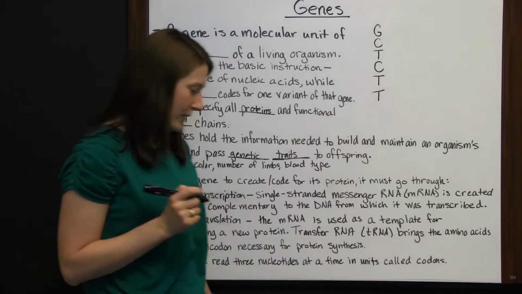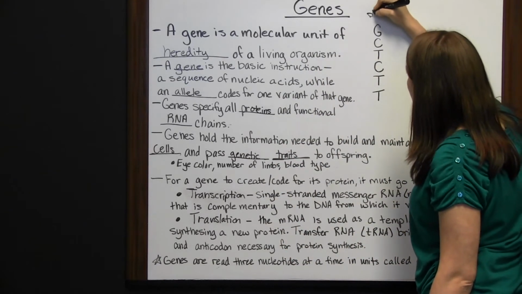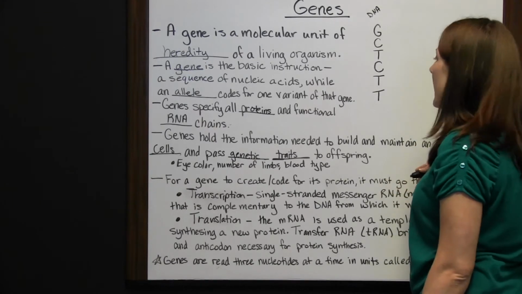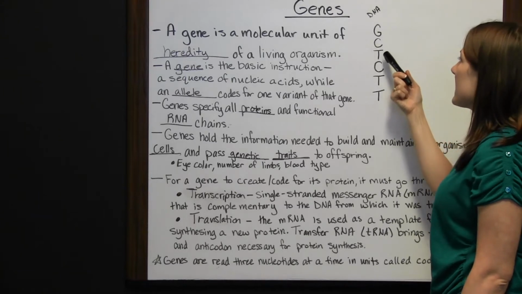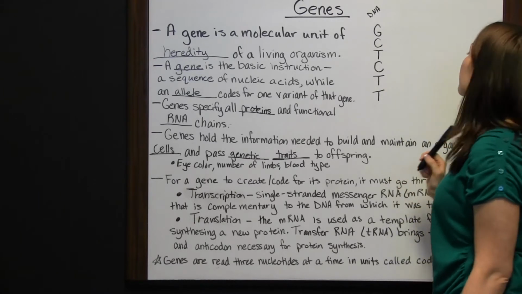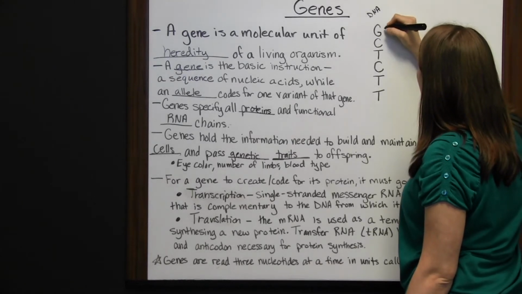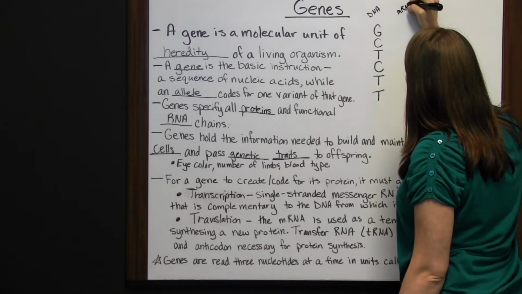So let's look at that over here. Let's pretend this gene sequence came from a strand of DNA. And remember, your bases are adenine, guanine, cytosine, and thymine. So we are going to say it's going to change from DNA to the messenger RNA.